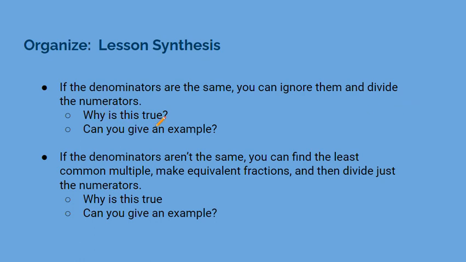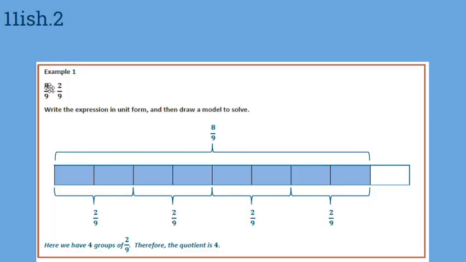Why is that true? Well, think back. When we talked about something like 8/9 divided by 2/9, it's already in ninths. All we're doing is making groups of 2/9. Well, if they're already in ninths, all we're doing is making groups of 2 out of the 8. So that's why that works.